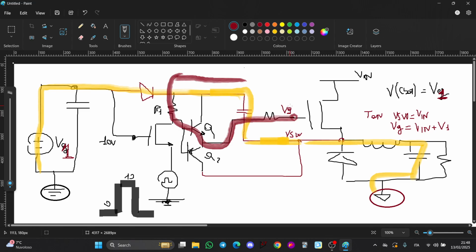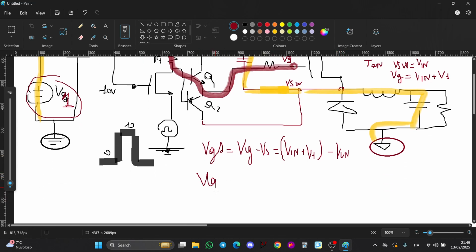So now you have that the gate voltage is higher than the switching node voltage by a value that you decide in the power supply there. So basically the VGS is equal to VG minus VS, which is equal to V in plus V1 minus V in. So VGS is equal to V1.